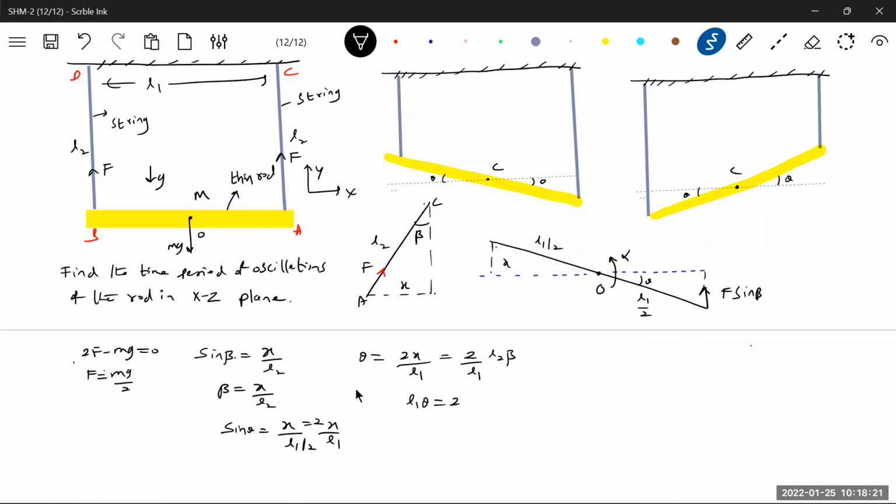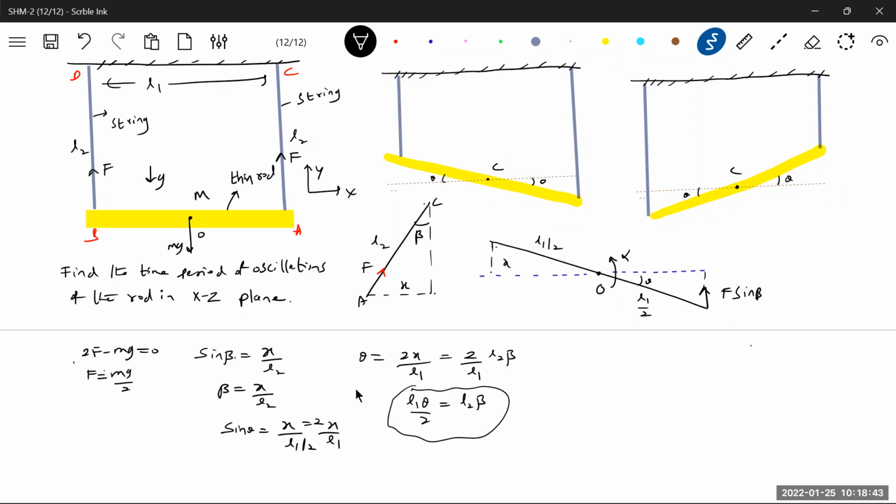L1 theta equals L2 beta times 2. Either way, this is one primary equation which I needed.